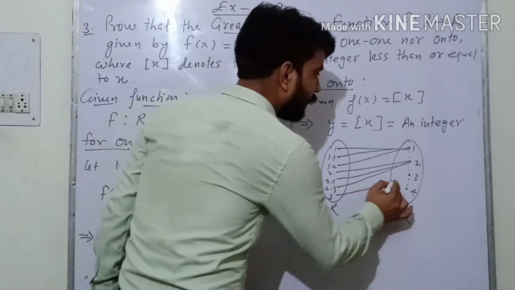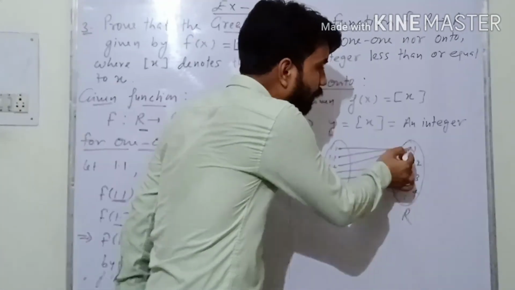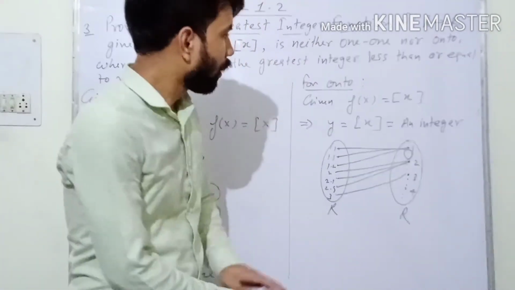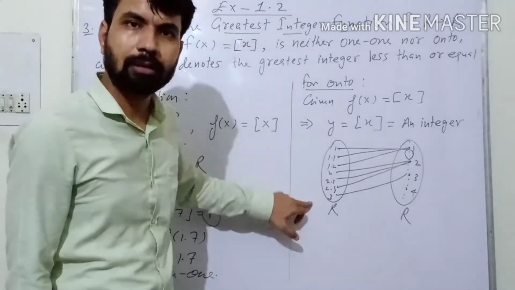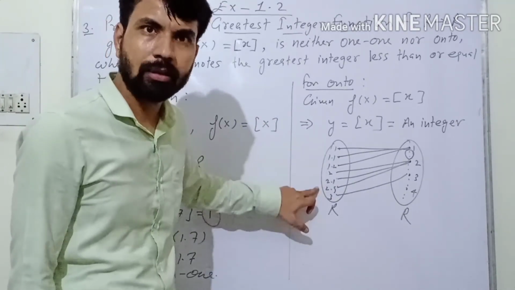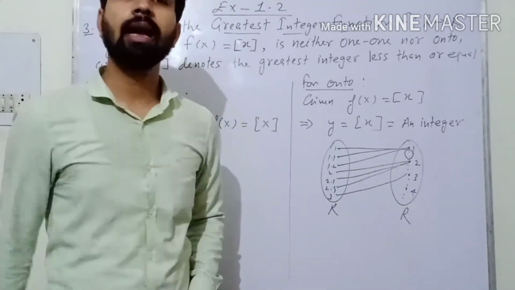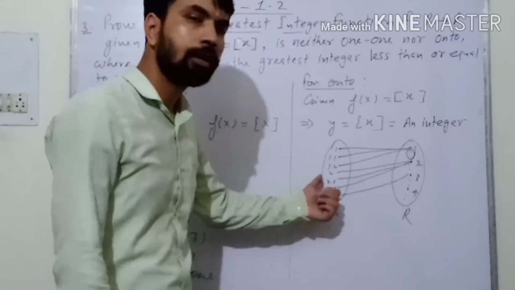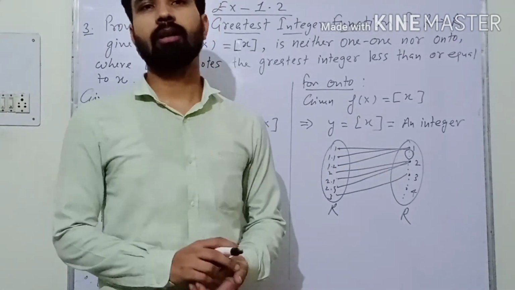Similarly, the image of 3 is 3. Now see, there are lots of numbers between 1 and 2 whose pre-image will not exist in the real numbers, in its domain. Clear? So there are lots of numbers that do not have their pre-images in its domain. That's why this function is also not onto.